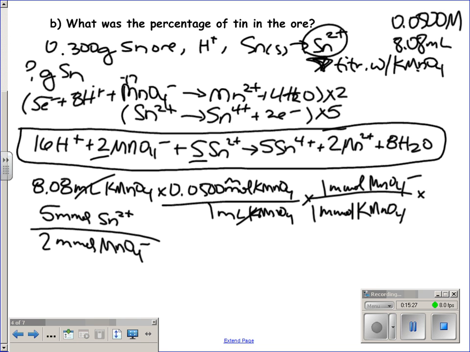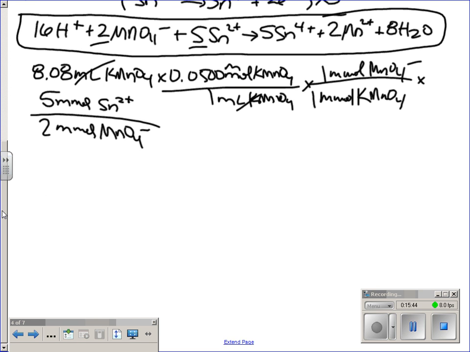And then, can we go farther? What's our end game here? Grams. Can we get to grams from this? Yes. We don't have volume to work with, we don't have molarity to work with. That means the only thing we have is moles to grams, and that's our last step here, okay? So I'm going to take this to true moles.